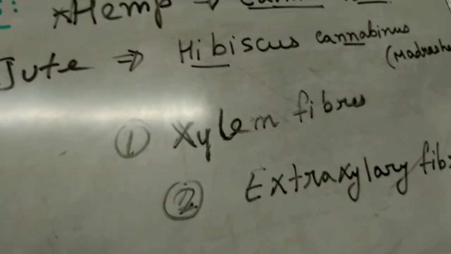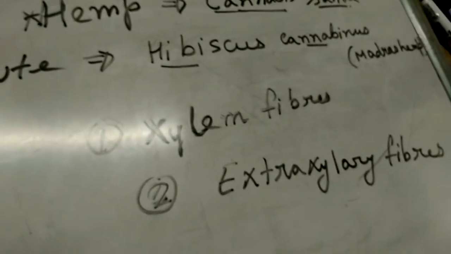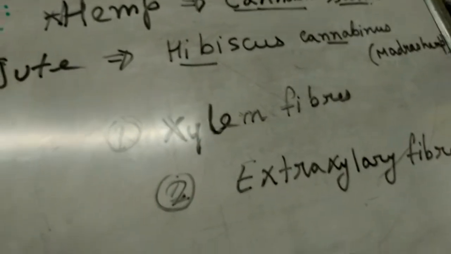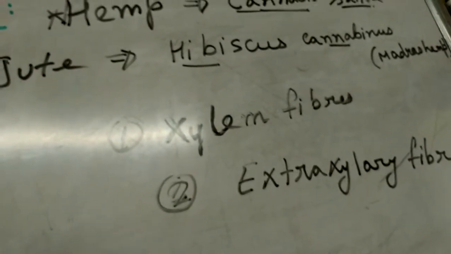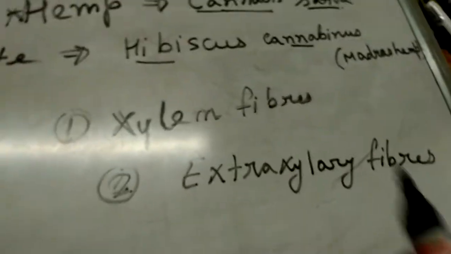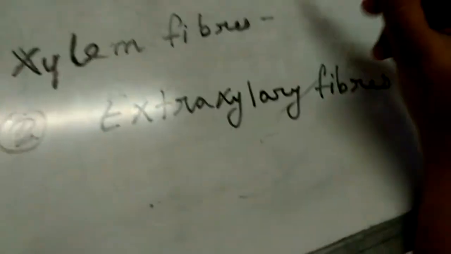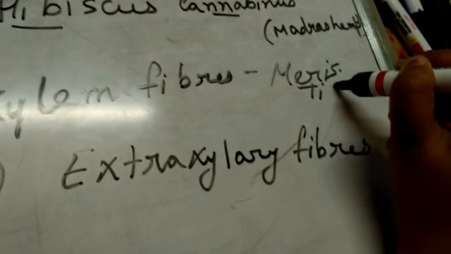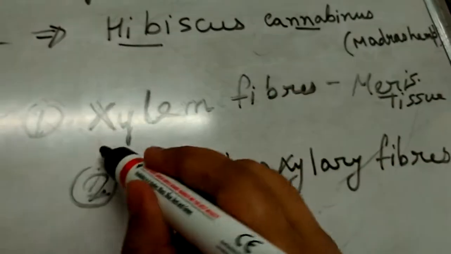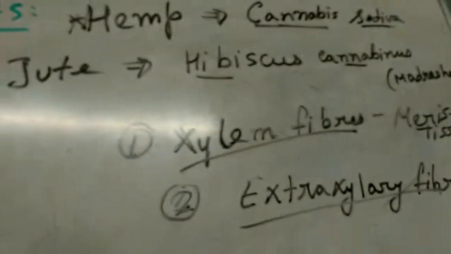Xylem fibers we get from some meristematic tissues, from where the other xylem cells develop and constitute an integral part of xylem. So xylem fiber is basically derived from meristematic tissues, from where we also get other types of xylem elements.